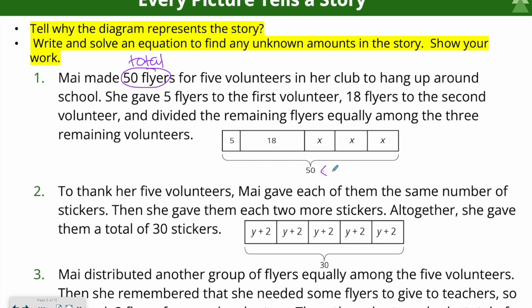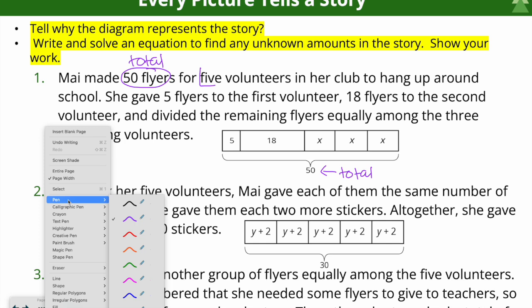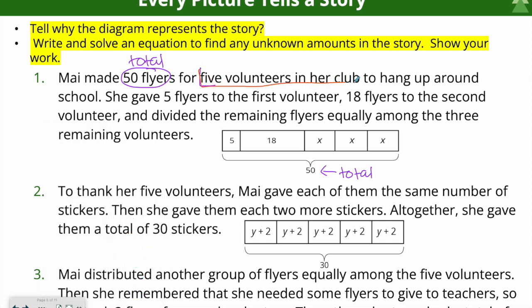And if we look at our hanger diagram, the 50 is the total. There were 5 volunteers, and that shows up because there are 5 sections in our diagram.